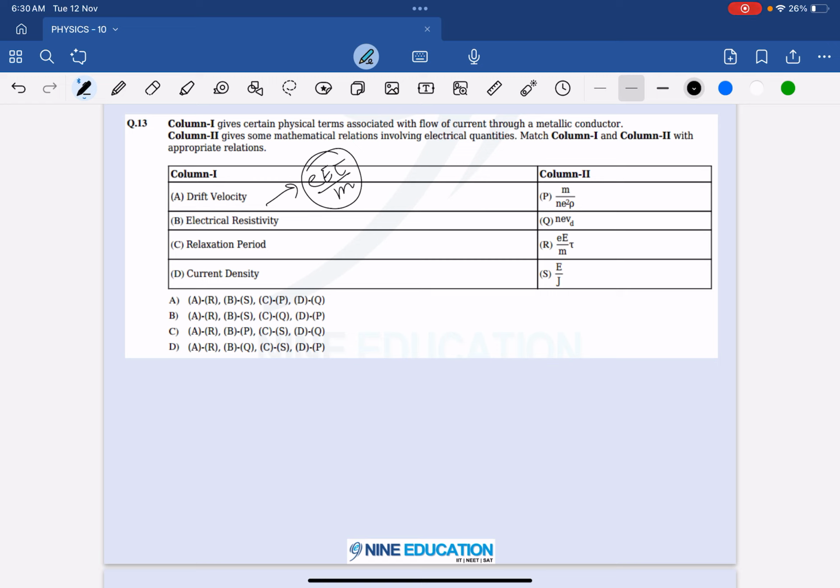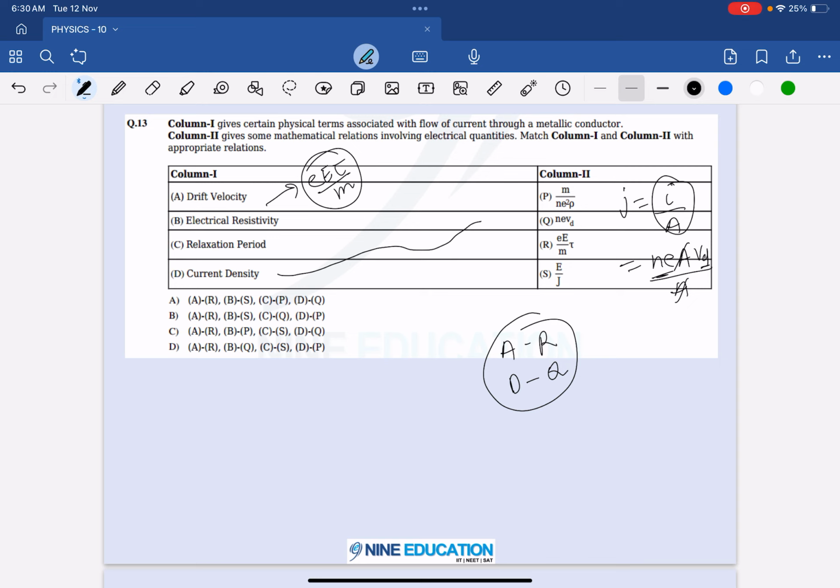Sir, electrical resistivity for some time, sir, I forgot, I don't know. Let's see current density. Sir, current density though I remember, sir, it is I by A. So what is the I formula? It is nEAvd by A. So it is going to become nevd. Okay, sir. So basically A is R and D is for sure Q.